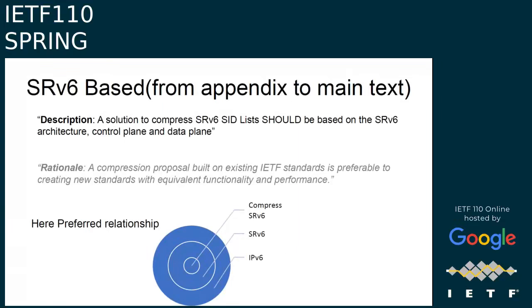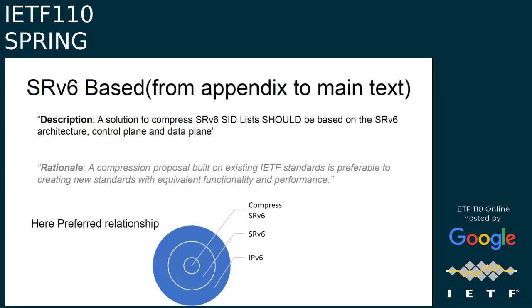Yeah, so according to the comments in IETF 109, we clarified the goals of the design team. I think the first one is to identify solutions to SRv6 SID list compression that are based on the SRv6 standard.